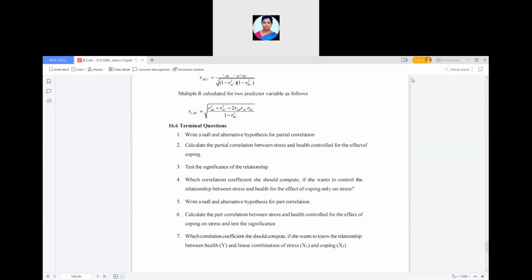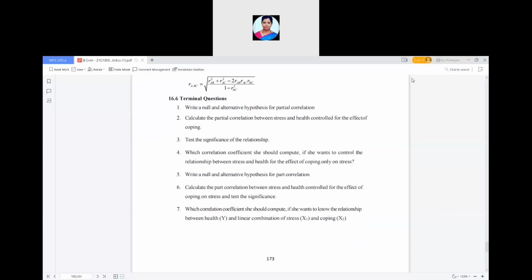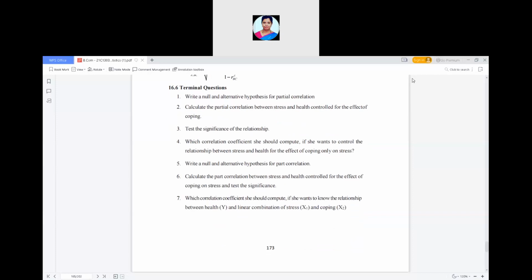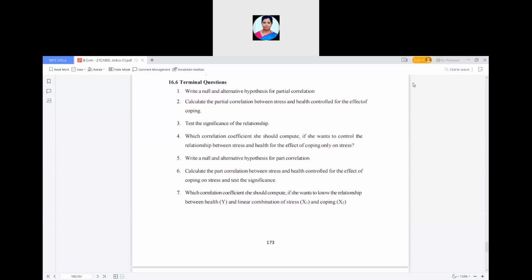The fifth one is to write the null hypothesis of multiple correlation. We have the part correlation between stress and health, and the correlation coefficient can be computed for the relation between health and the linear combination of stress and coping.